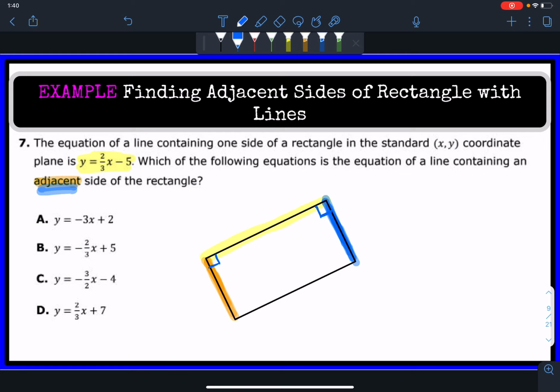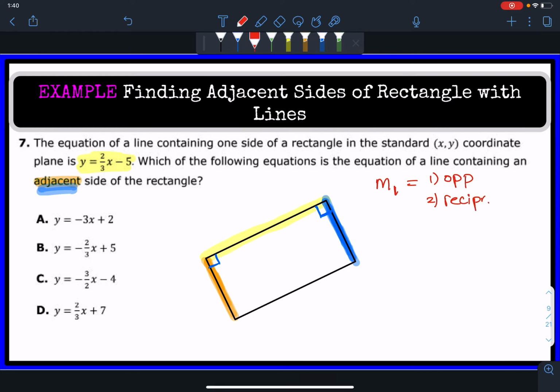And since one of the definitions of perpendicular lines is intersecting at 90-degree angles, these two lines are going to be perpendicular. And if two lines are perpendicular, that means that the slope of one line has to be, one, the opposite, and two, the reciprocal of the other line.